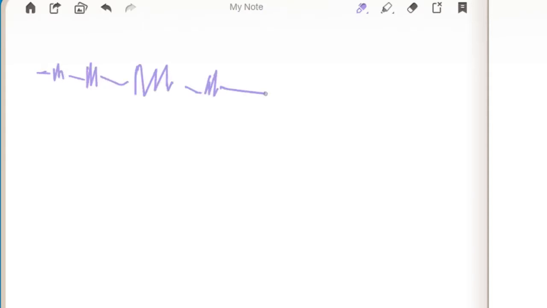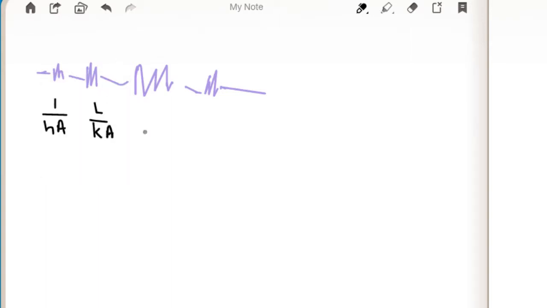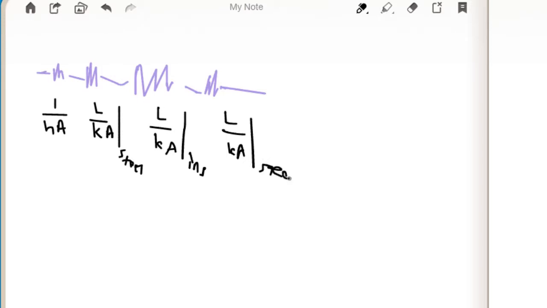main insulator. So here I've recreated the resistors, and just to recall, this one is for the convective layer, this is for the steel layer, this one is for the insulating layer, this is the steel, and then here's the insulating layer, and then the other steel layer up against the water.